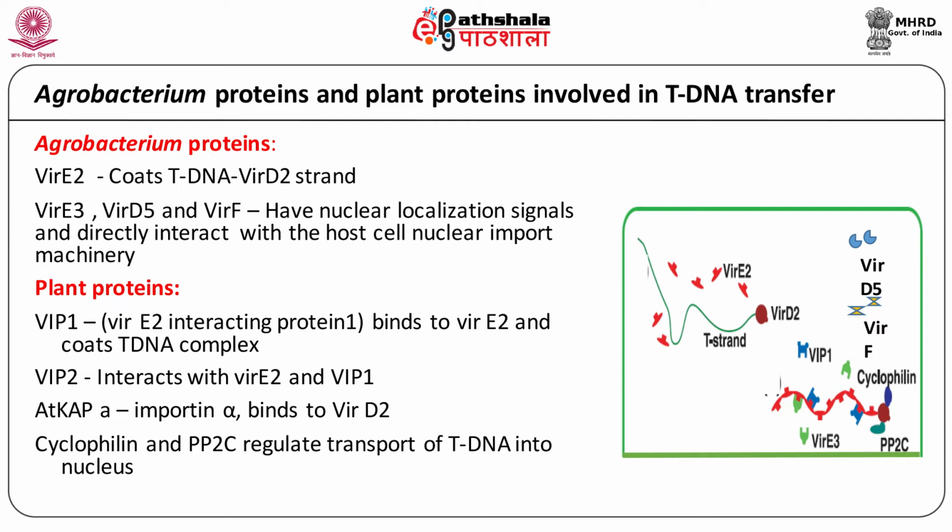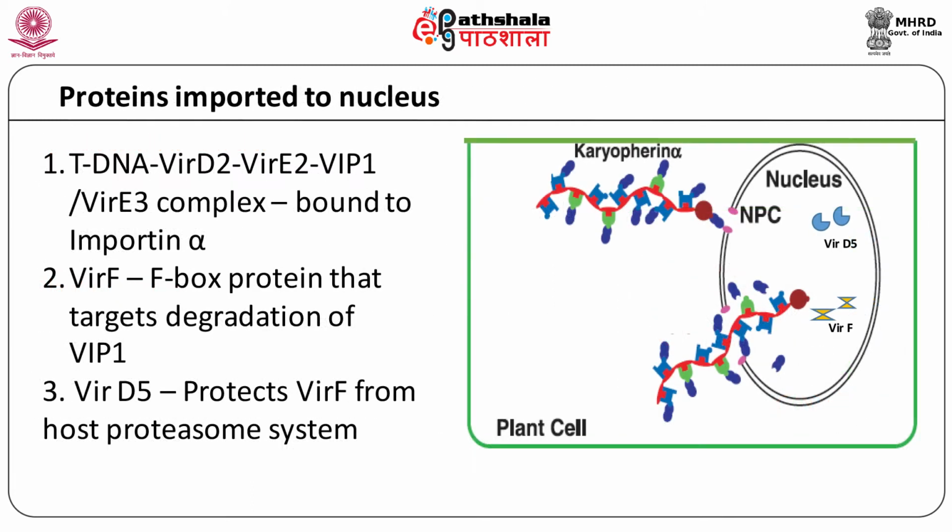VirD5 and VirF are bacterial effector proteins that do not interact with tDNA but are transferred independently to the plant cytoplasm by the bacterium. Nuclear localization signals on VirD2, VirE3 and VIP1 are recognized by importin alpha, which binds to them and carries the T complex to the nucleus.